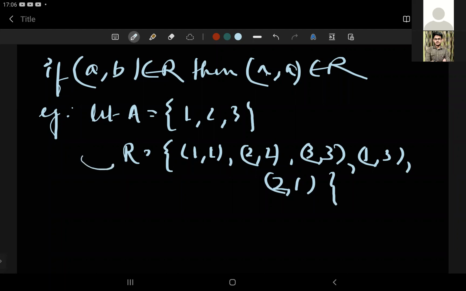Now, is this relation reflexive on set A? Just go by the definition and tell. Yes, it is. Yes, sir, it is.